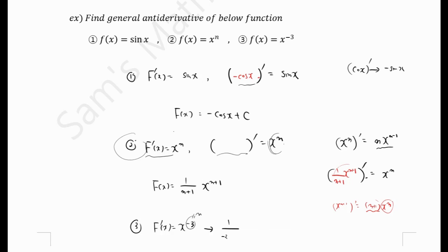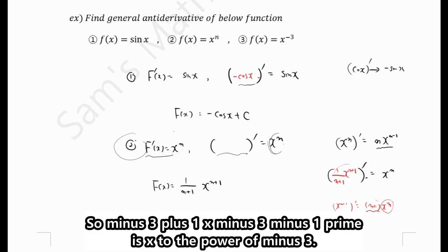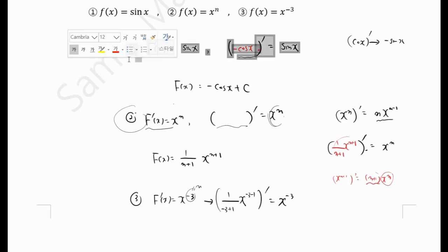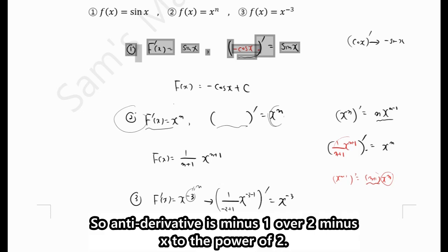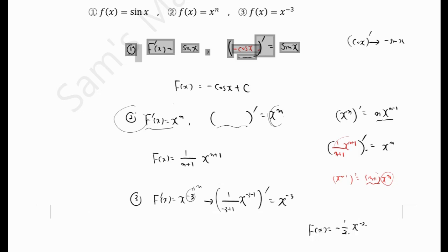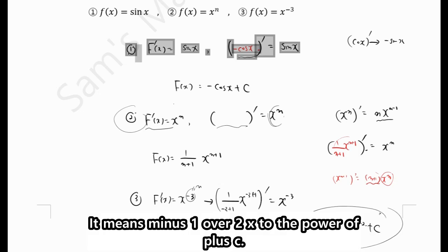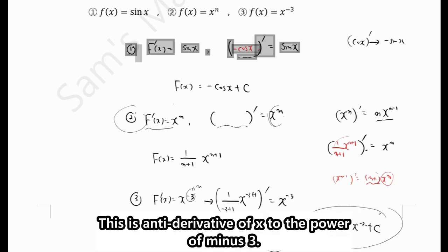So 1 over minus 3 plus 1, x to the power of minus 3 plus 1. So the antiderivative is minus 1 over 2, x to the power of minus 2, plus c. This is the answer. It means minus 1 over 2x squared plus c. This is the antiderivative of x to the power of minus 3.